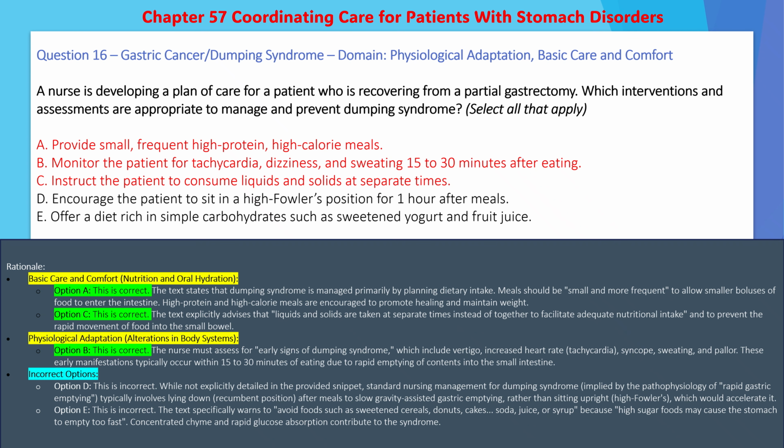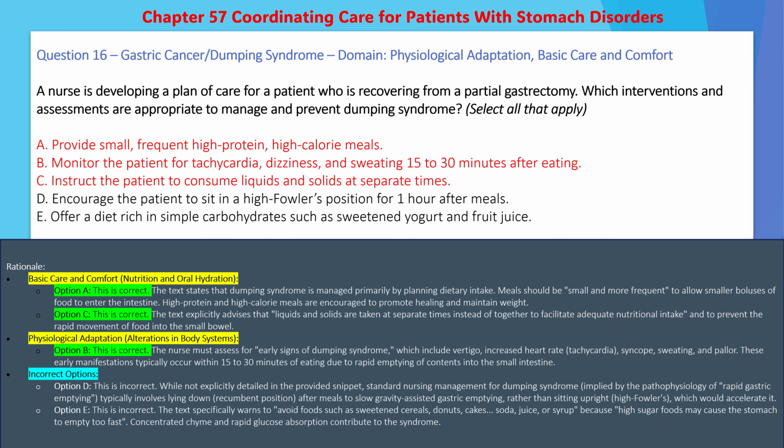While not explicitly detailed in the provided snippet, standard nursing management for dumping syndrome, implied by the pathophysiology of rapid gastric emptying, typically involves lying down in a recumbent position after meals to slow gravity-assisted gastric emptying, rather than sitting upright in high Fowler, which would accelerate it.